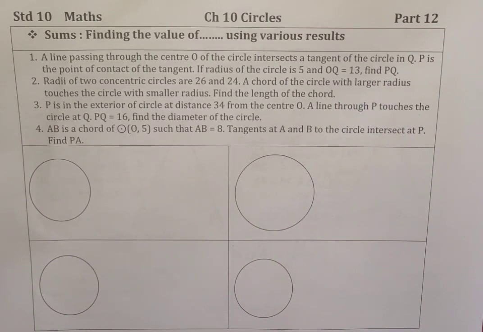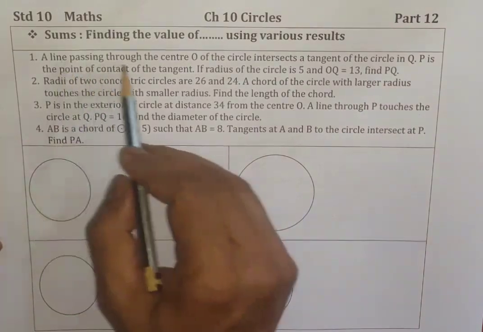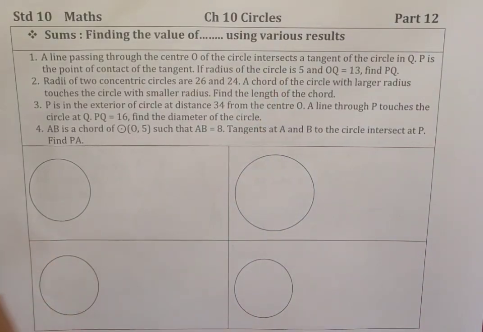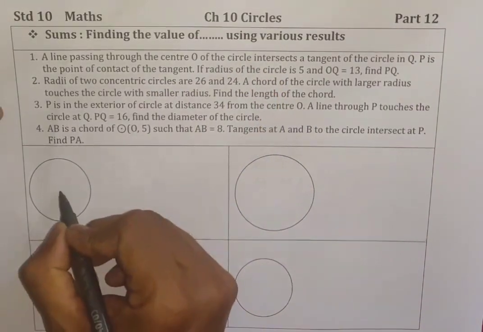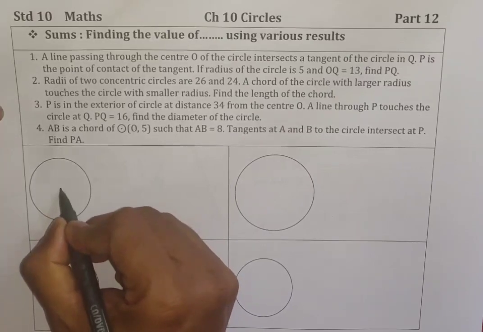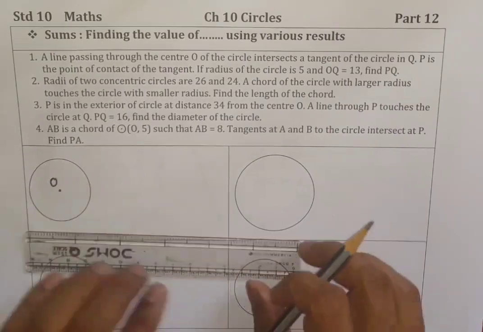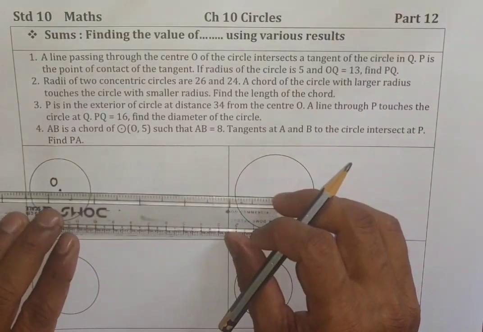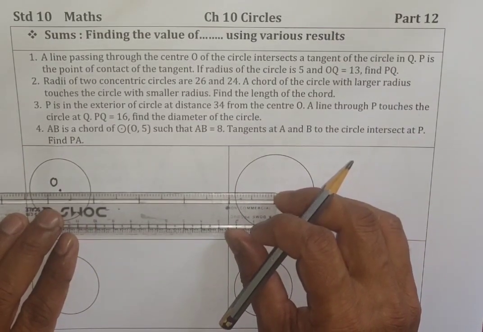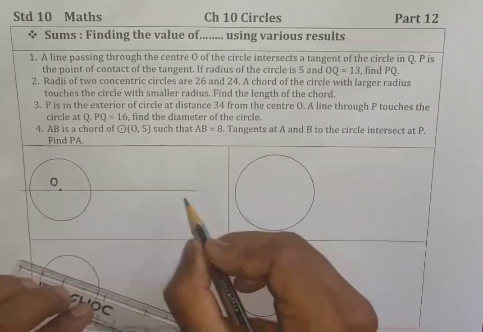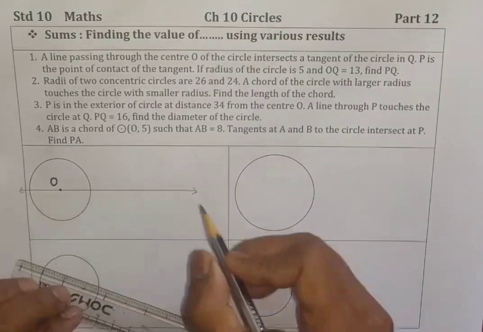Alright children, a line passing through the center of the circle. So I'll have to draw. Here is center O of the circle. Here is a line passing through the center of the circle.